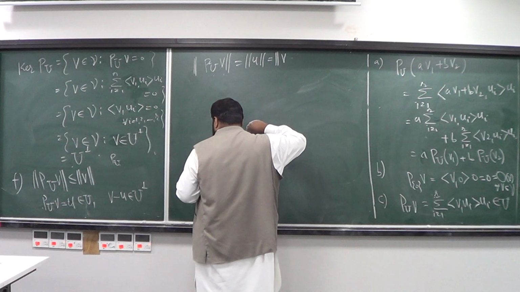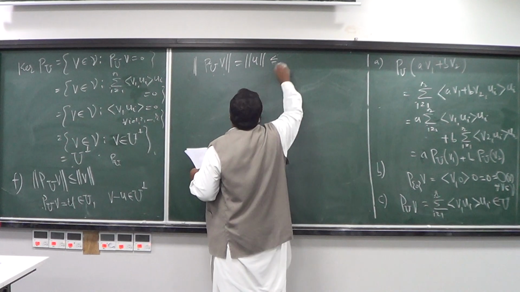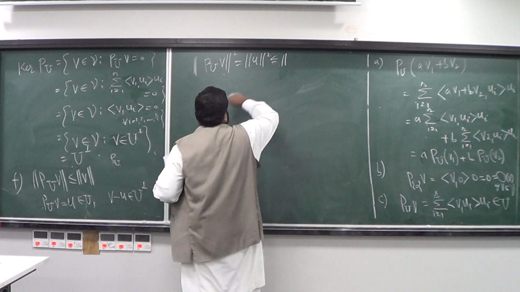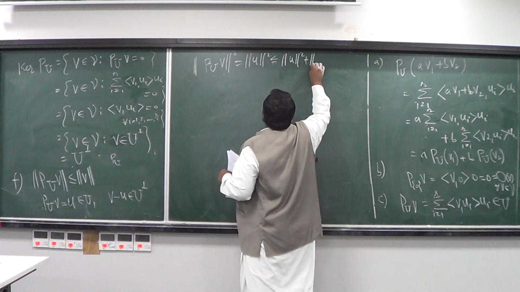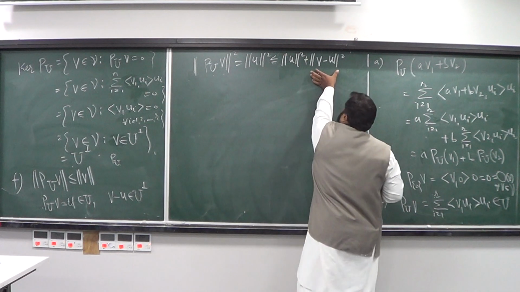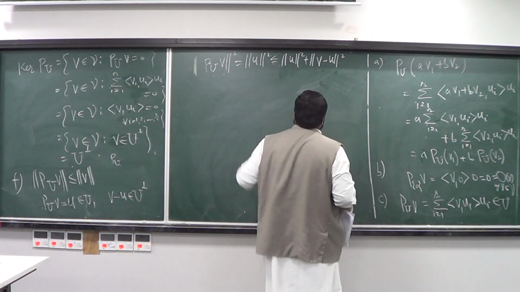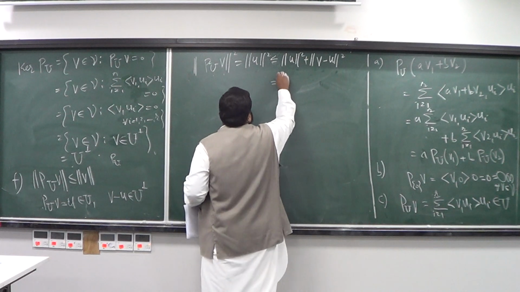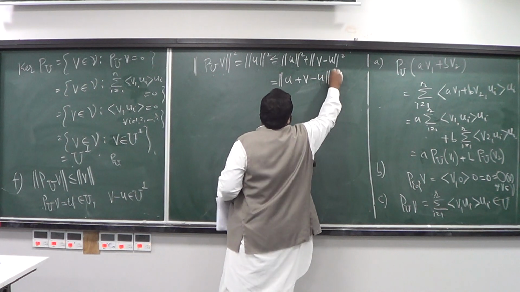I can say that this is less than or equal to, maybe if I talk about the square of it, this is better, norm of u square plus norm of v minus u square. Why? Because this is a non-negative quantity which I have added, so this must be bigger than or equal to this. Now these two vectors are orthogonal, so by the Pythagorean theorem I can say that this is equal to the norm of u plus v minus u squared.